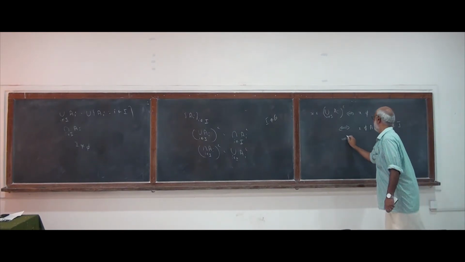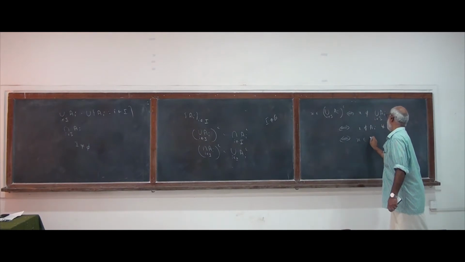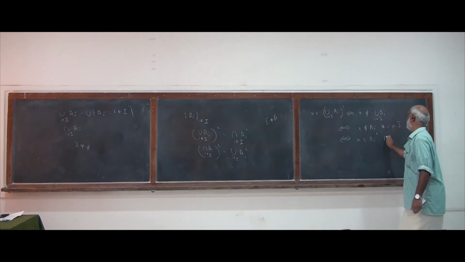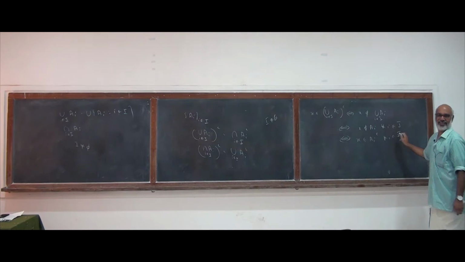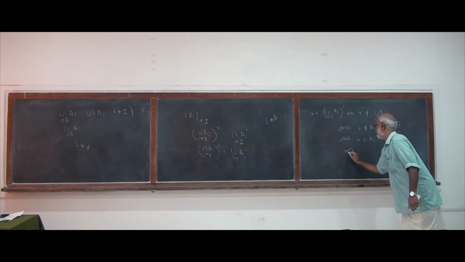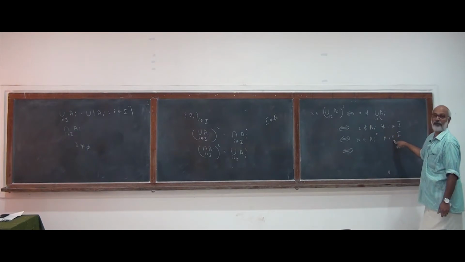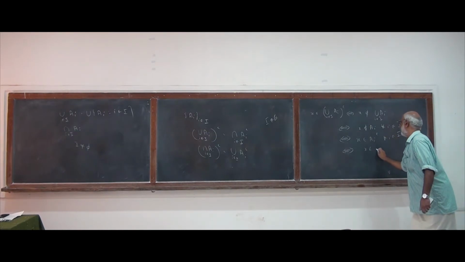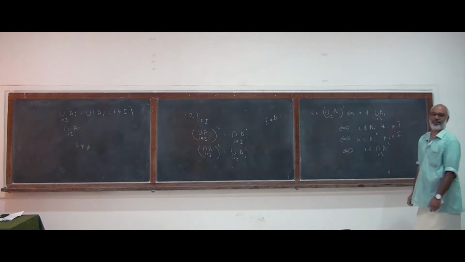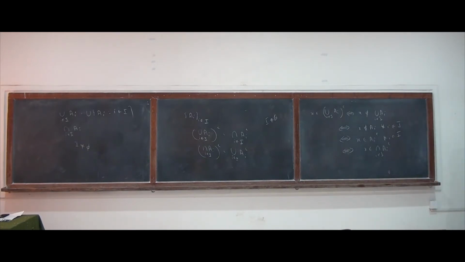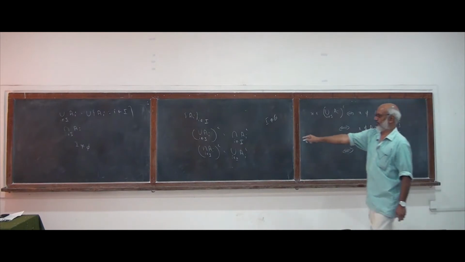This happens if and only if x is an element of A_i complement for every i, which means x is an element of the intersection of the A_i complements. So we get this.